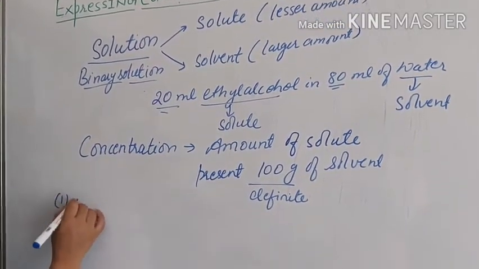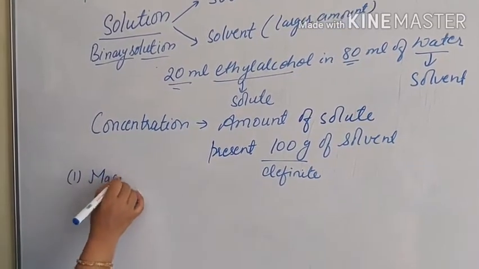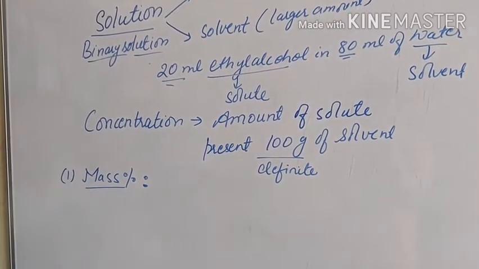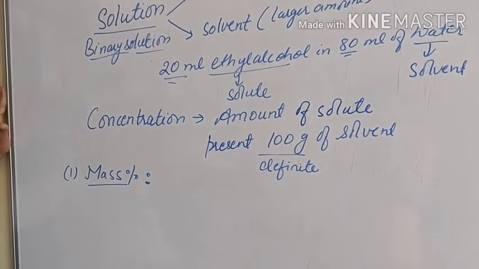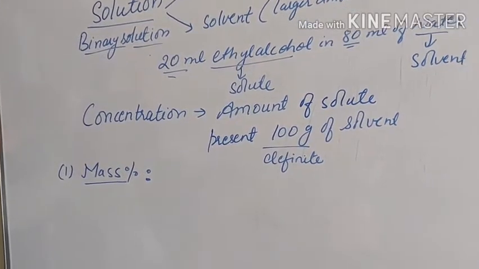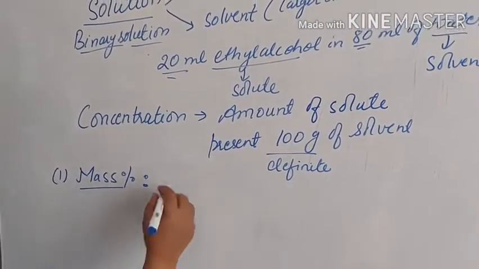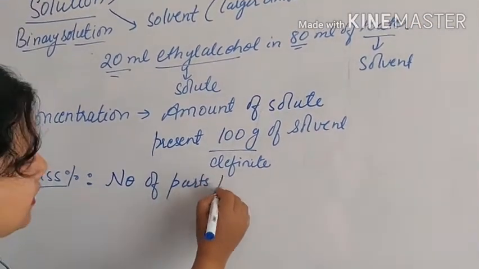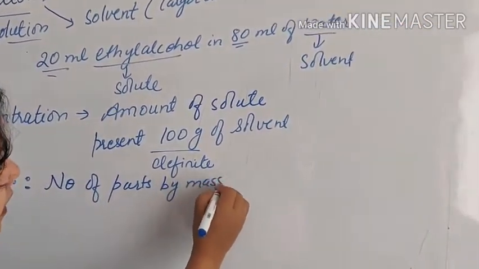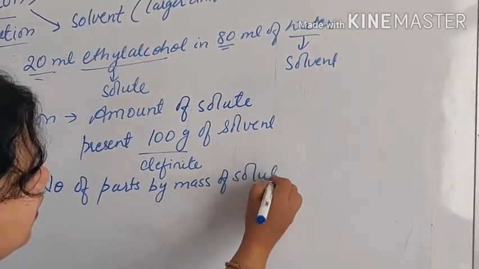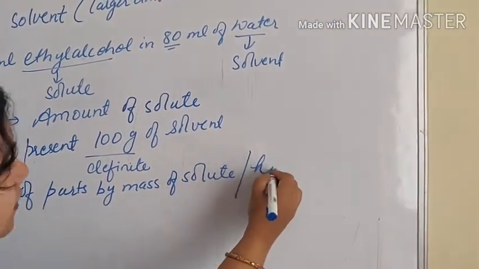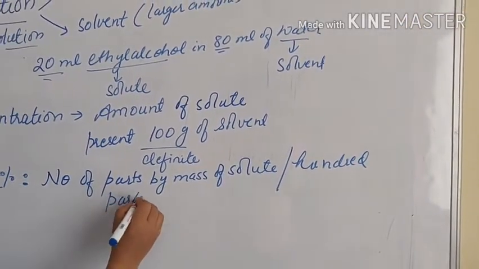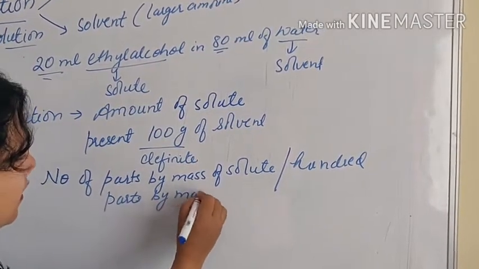Like first method is mass percent. This term mass percent is expressed in terms of percentage, and it may be defined as the number of parts by mass of solute per 100 parts by mass of solution.